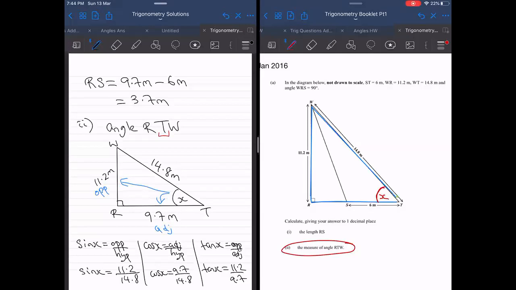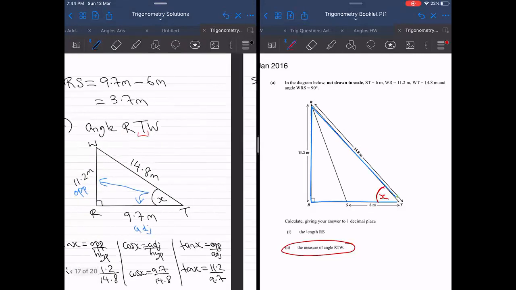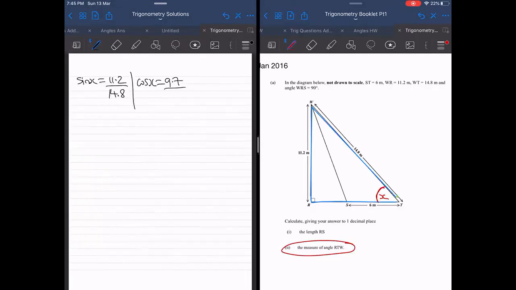Just because I think you guys are probably messing up some stuff: we said that sine x is 11.2 over 14.8, cos x is 9.7 over 14.8, and tan x is 11.2 over 9.7.